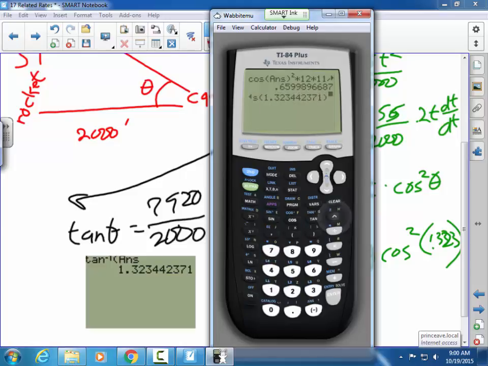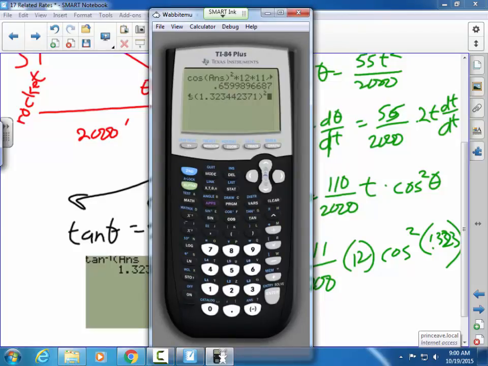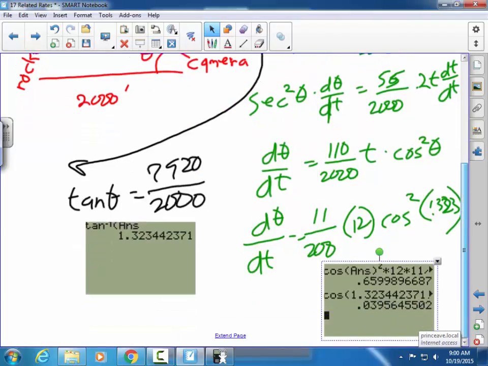That raised to the second times 12 times 11 divided by 200. 0.0395, and we should have done that to begin with. That's how fast the angle is changing at 12 seconds.